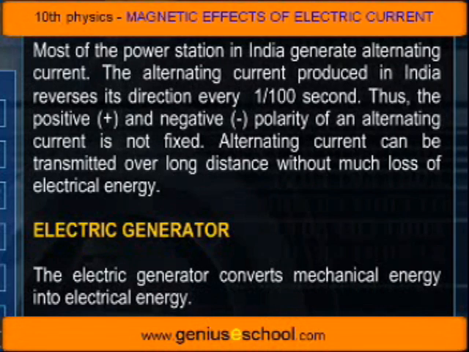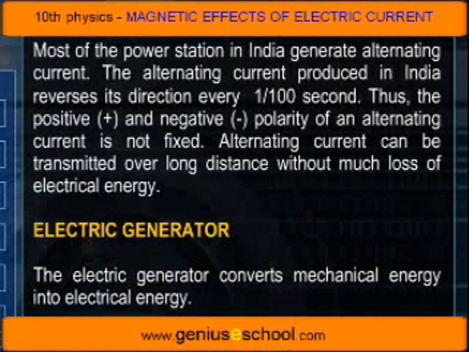The alternating current produced in India reverses its direction every 1/100 seconds. Thus, the positive and negative polarity of an alternating current is not fixed. Alternating current can be transmitted over long distance without much loss of electrical energy.